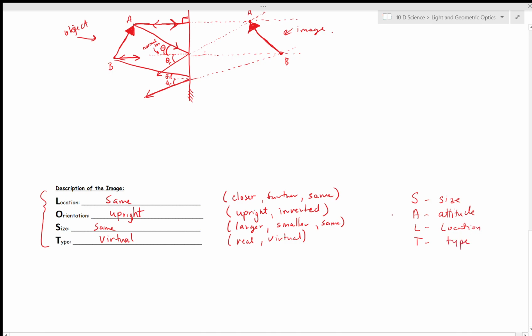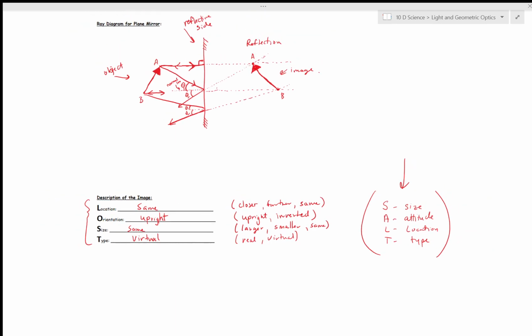Really the only difference is the A and the O. I personally like the O because orientation means, is it upright or flipped over. Attitude means the same thing, so is it upright or is it inverted? I don't use this, but a lot of teachers do, and I think the textbook that we have in our class also uses this particular acronym. I use LOST. I think it just works better for me.